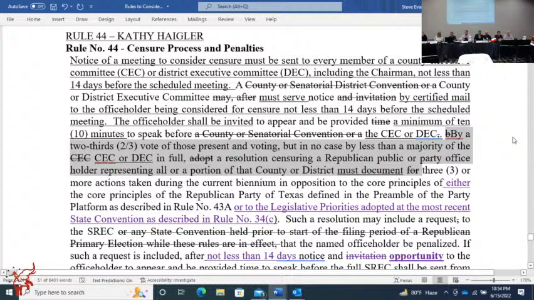Point of information. State point. What is a DEC? It's the district executive committee. Does that differ from a senatorial district, or is that the same? No, is it like if you're against a state senator who's in 28 counties, the district executive committee is when the 28 counties meet together as a district executive committee.